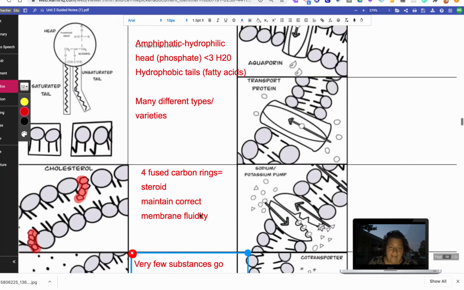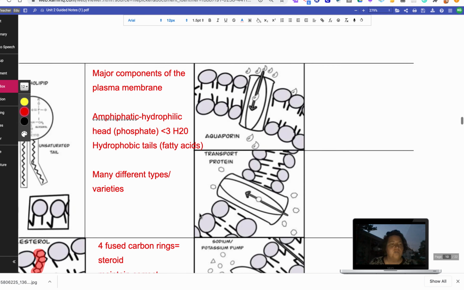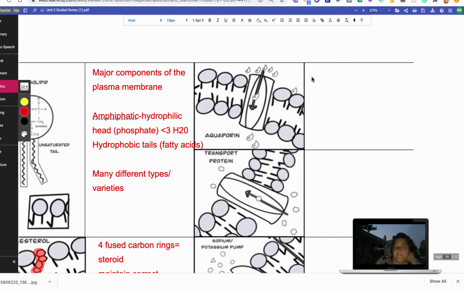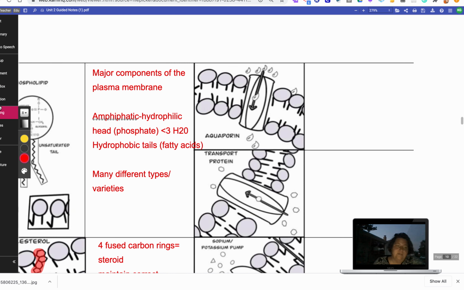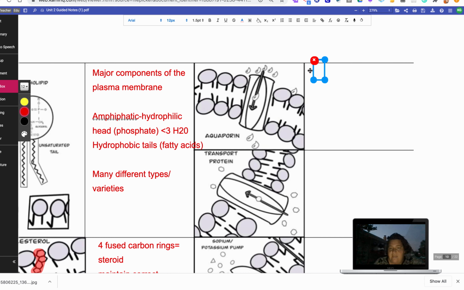All right, and that brings us to the next one, which is how do large amounts of water get through the membrane? There's another section of this chapter where I'm going to show this in more detail, but they discovered that a lot of cells have these channels, and since they're pores that bring in water, they just called them aquaporins, which makes sense. Sometimes stuff in biology is simpler than you might think.